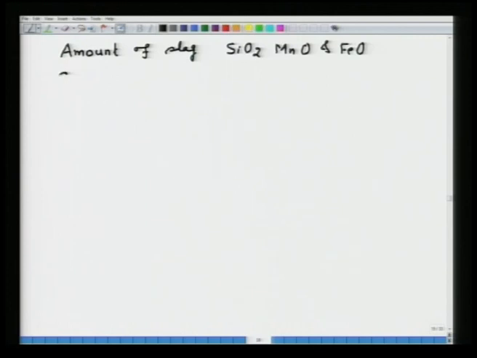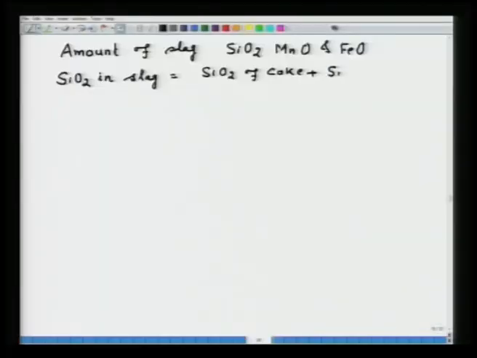SiO2 in slag will be equal to SiO2 of coke, because whatever SiO2 is present in the coke will go to slag, plus Si of pig iron oxidized to SiO2.